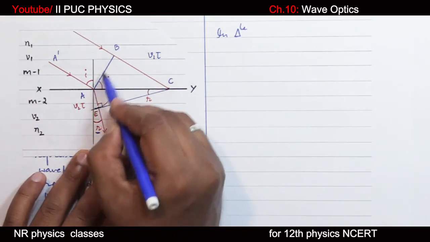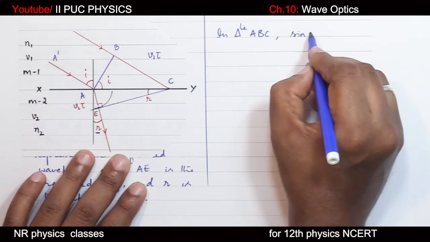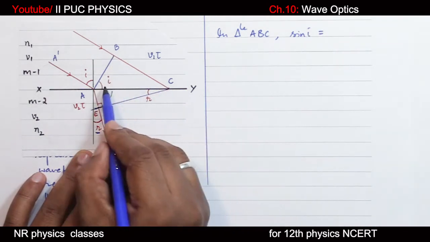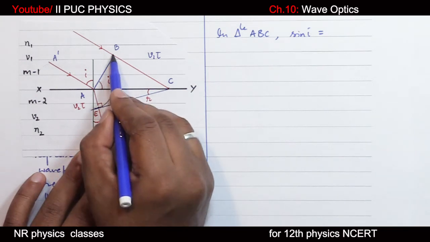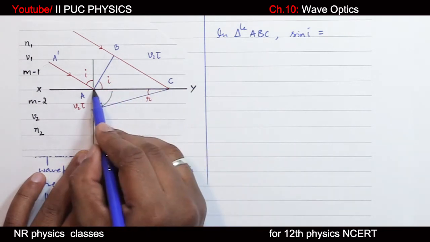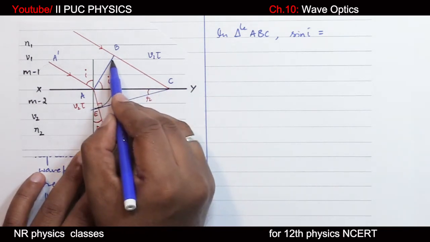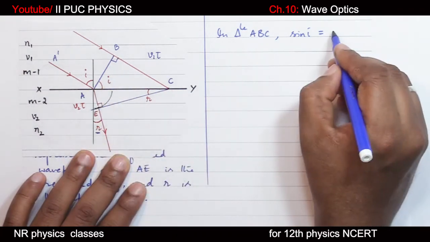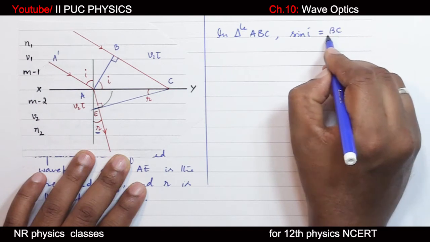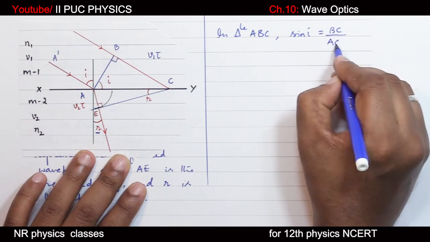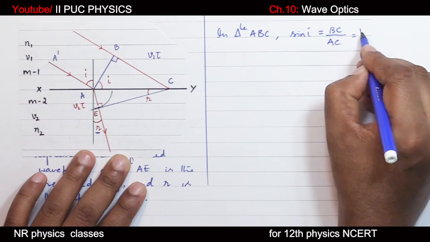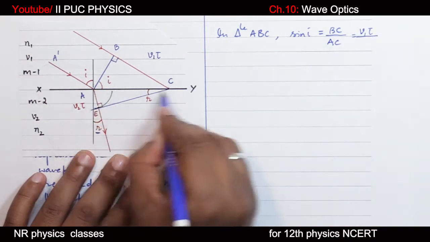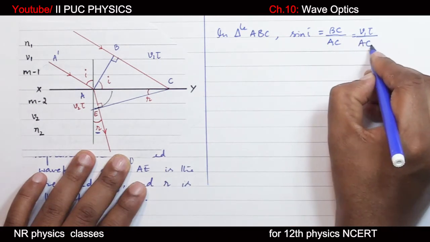In triangle ABC, sin I equals opposite side BC by hypotenuse AC, because this is 90 degrees, therefore AC is the hypotenuse. So BC by AC. Length BC is V1 tau, divided by the hypotenuse AC.